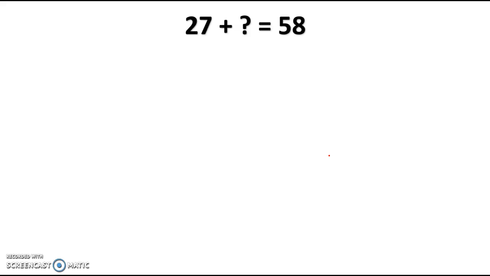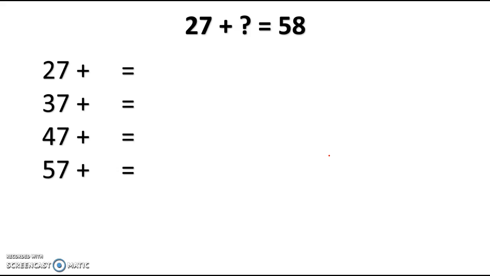So let's start with addition. I'm going to start by adding up to get to 58. So let's add tens because 10 is easy. 27, we're adding 10, so we know the ones place stays the same. 27 plus 10 is 37. 37 plus 10 is 47. 47 plus 10 is 57.